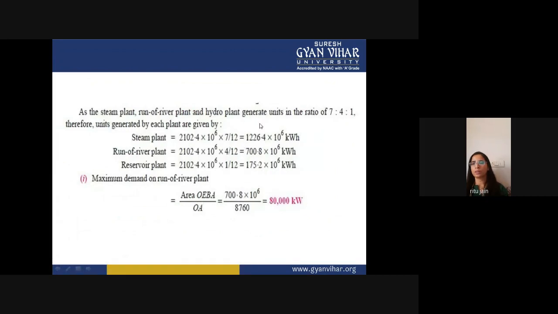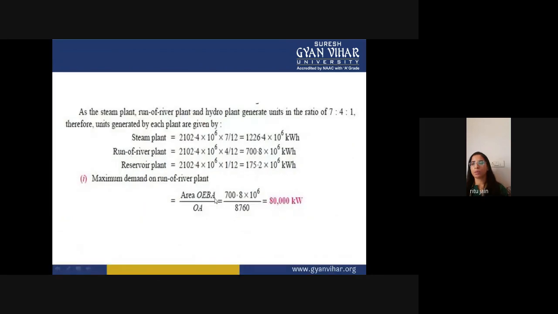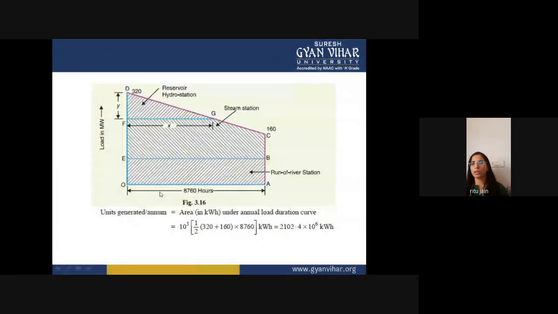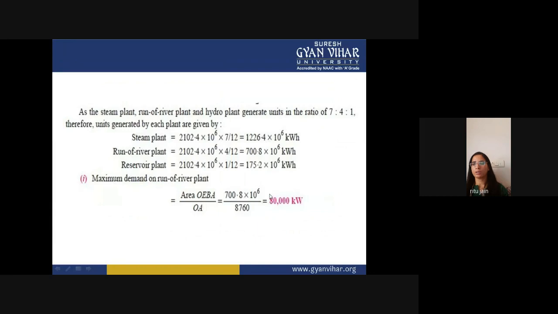Now, the maximum demand on the runoff river plant. The runoff river area is this area, OEBA, and the maximum demand can be calculated by this formula. So OEBA is divided by OA, and you will get the maximum demand which is fulfilled by the runoff river power plant.